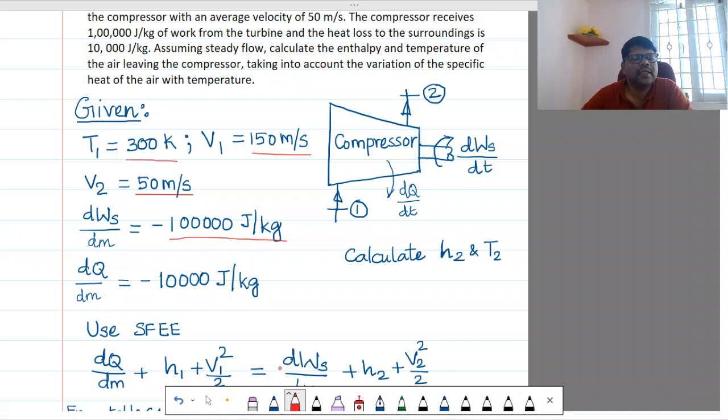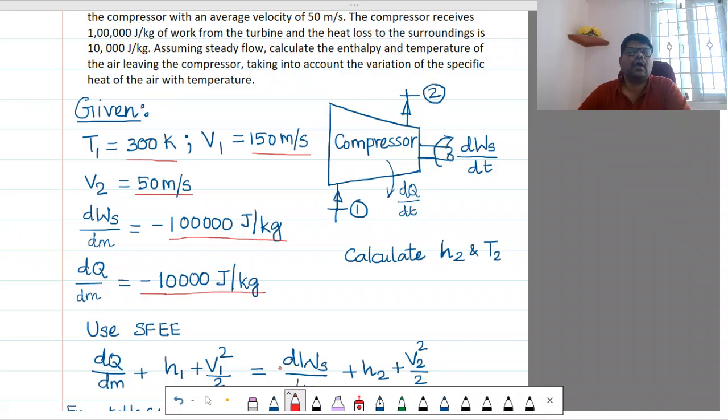Then the heat lost from the compressor to the surrounding is given as 10,000 joule per kg. Again, the heat is lost from the system to the surroundings. To indicate this loss of heat, I use the negative sign. And the value of the heat loss is 10,000 joule per kg.